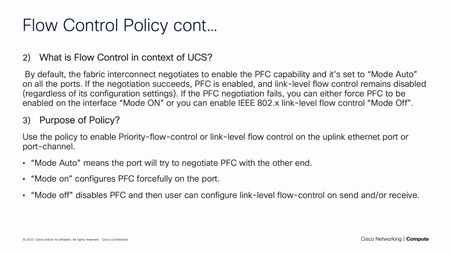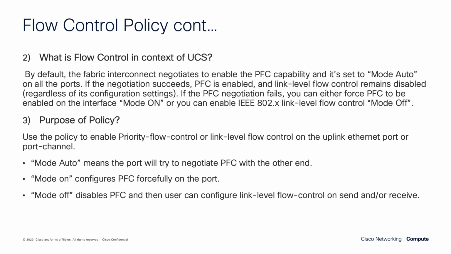Okay, so what is flow control in context of the unified computing system? Well, by default, your fabric interconnect is going to try to negotiate priority flow control with the upstream switch. That's why the default setting on the policy when you create it is set to auto. Okay, if that negotiation succeeds, then your priority flow control is enabled, and of course, link level for the entire link is disabled.